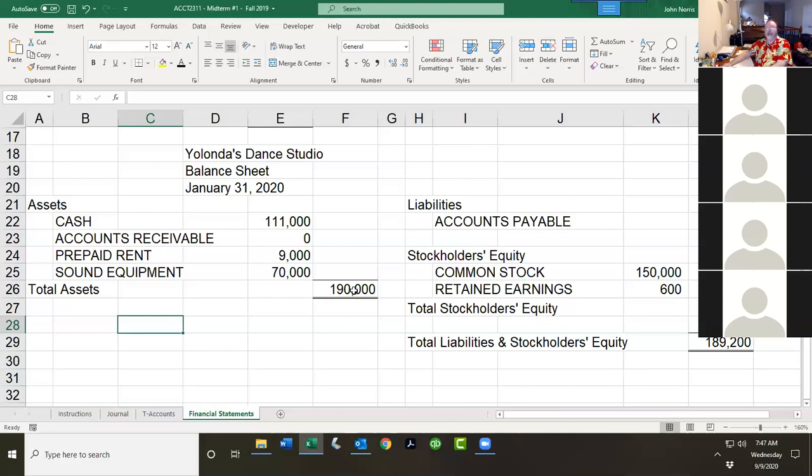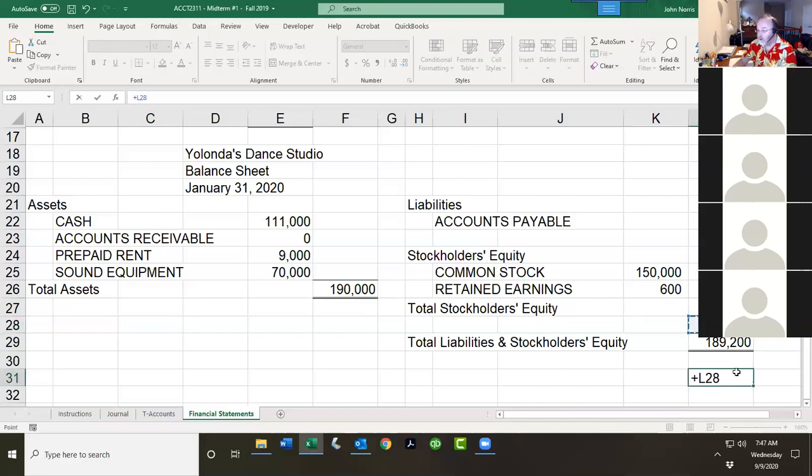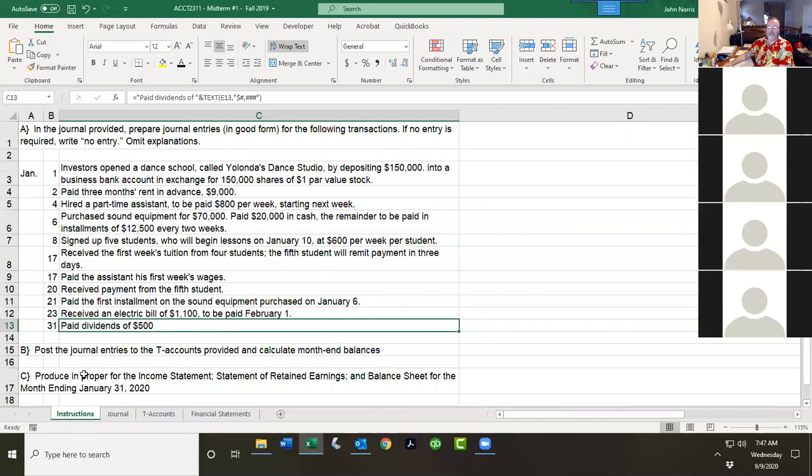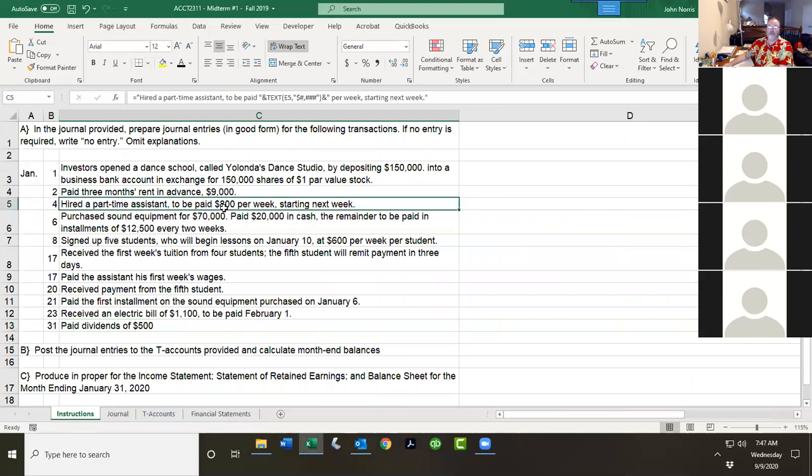So you can see right now that it doesn't balance. We got 190,000 in total assets and 189,200 in total stockholders' equity. If you take the difference between the two, you get $800. Go back to your original transaction. Sure enough, $800 is the amount that the assistant is going to be paid.